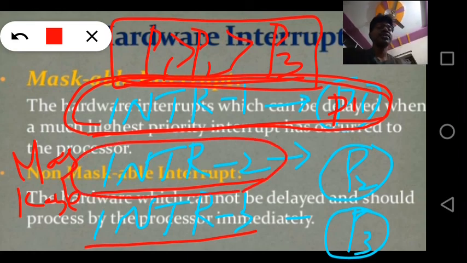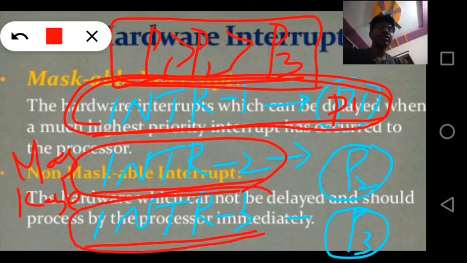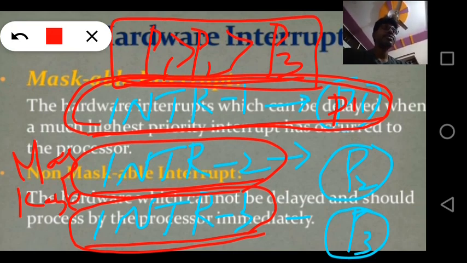In that way, it is called masked. Similarly, when interrupt 2 or interrupt 1 is getting processed, interrupt 3 cannot be accepted. So this is called maskable interrupt. If I have 10 interrupts, except the first one, the other 9 can be categorized as maskable interrupts.